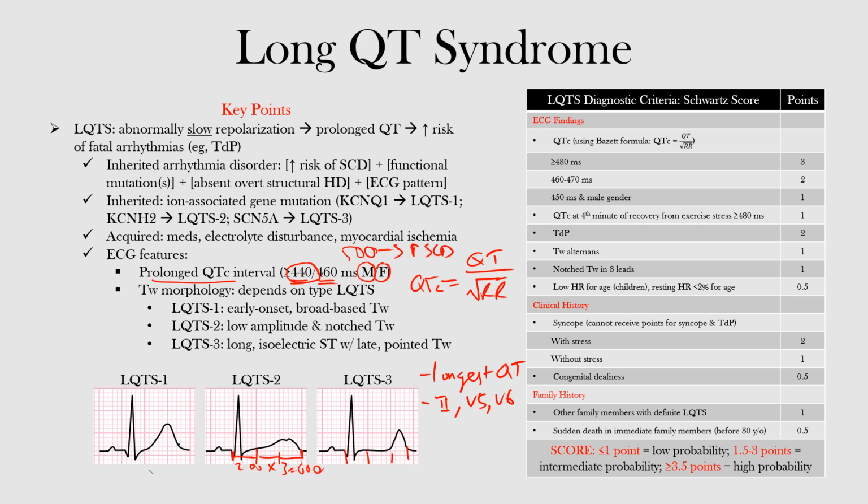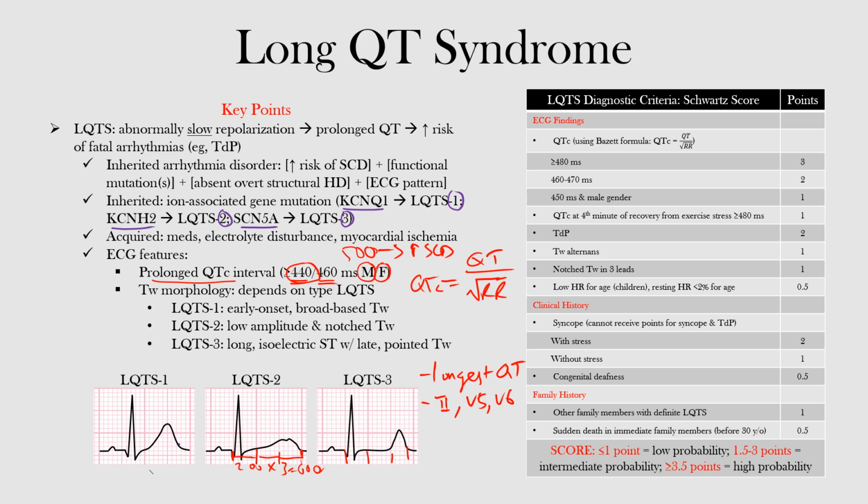The KCNQ1 is involved in the first type, the KCNH2 in the second type, and SCN5A in the third type, okay? So that's how we can differentiate them based on the genes involved.